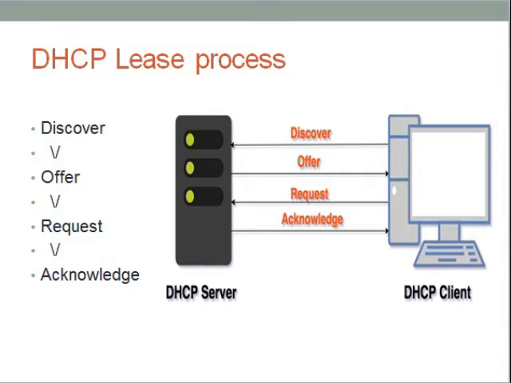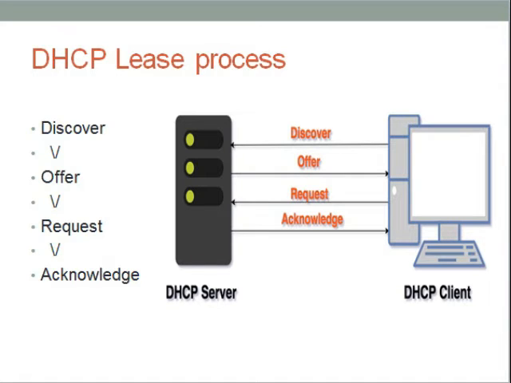This is Discover: if a client on the network doesn't have an IP address, with the help of the MAC address it sends communication to the DHCP server, saying, hey, I do not have an IP address.